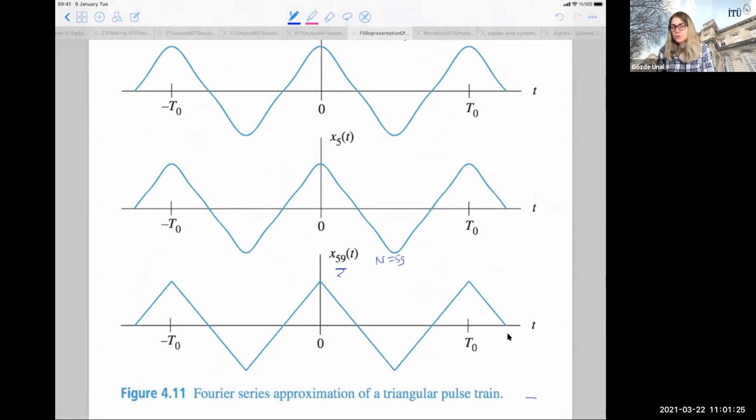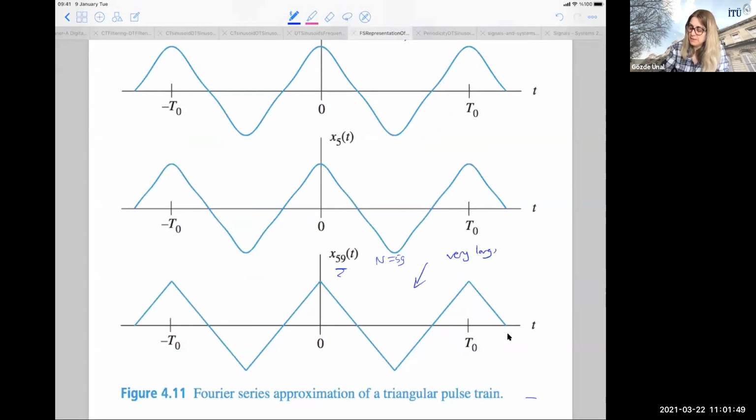Because we said it's a continuous signal, the triangular wave's Fourier series coefficients, its spectrum, decay with 1 over k squared, which is a fast decay. So for large k, the AKs become 0.